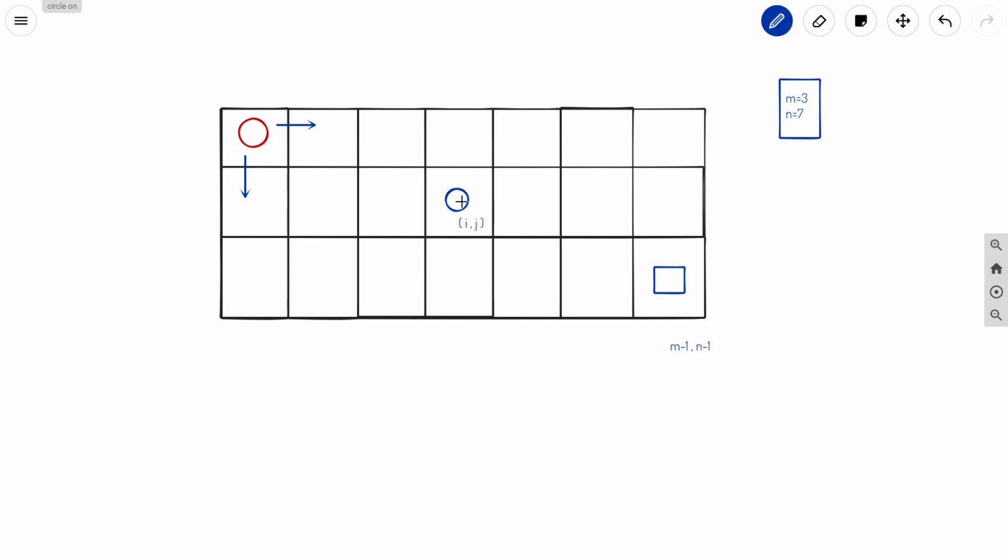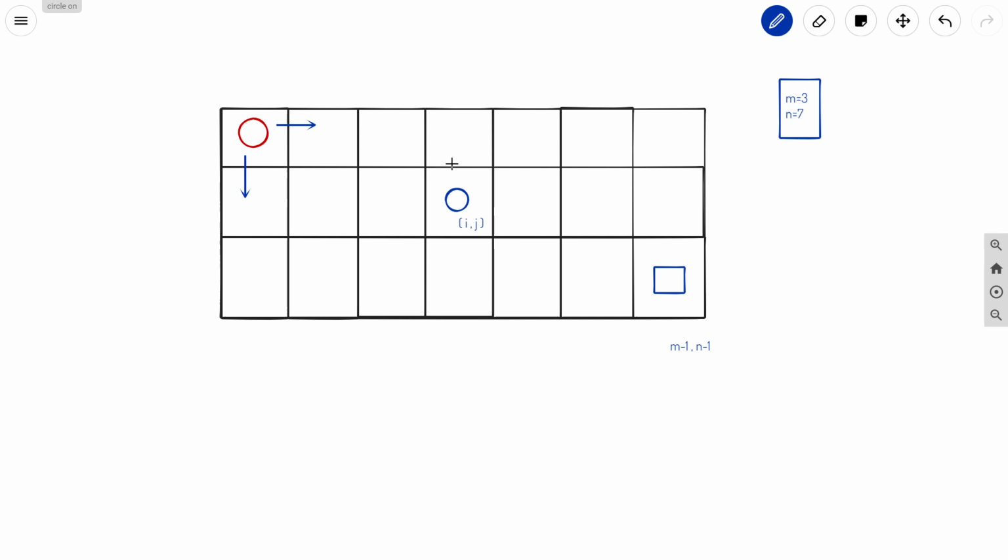So basically if the robot is present at I comma j, we want to know from which cell the robot is going to come to I comma j. So basically we want the previous position of this robot.